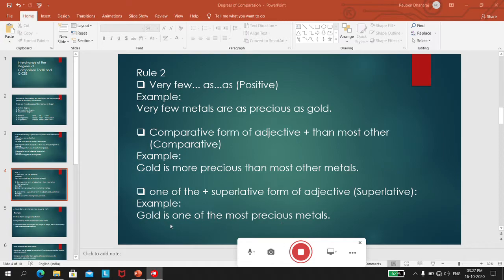That means it is one among the precious metals, not the precious metal. I'm not saying that gold is the most precious metal. I'm saying that gold is one of the most precious metals. I hope that you understood.